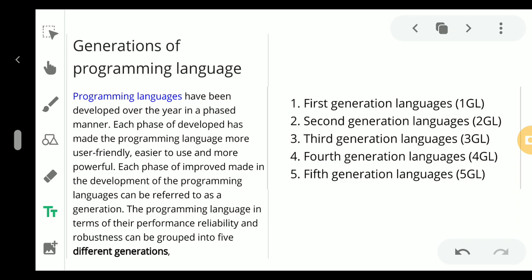Each phase of improvement in the development of programming languages can be referred to as a generation. In terms of their performance, reliability and robustness, programming languages can be grouped into 5 different generations: first generation, that is 1GL, second generation, 2GL, third generation, 3GL, fourth generation, 4GL, and fifth generation, 5GL. We will discuss each of these.